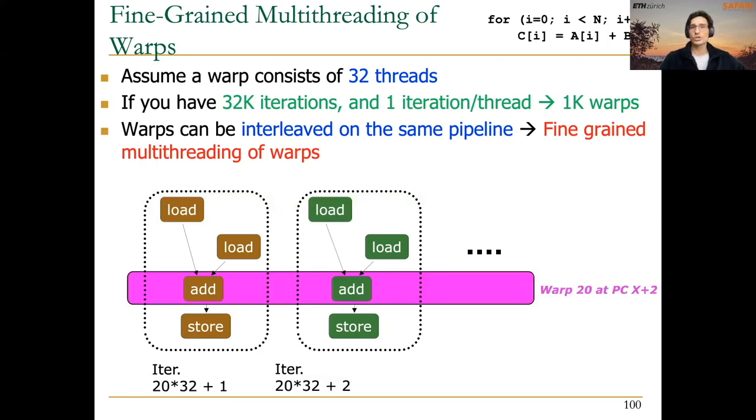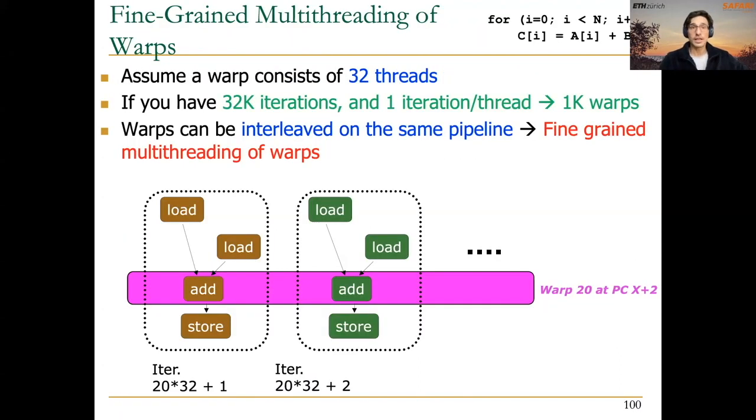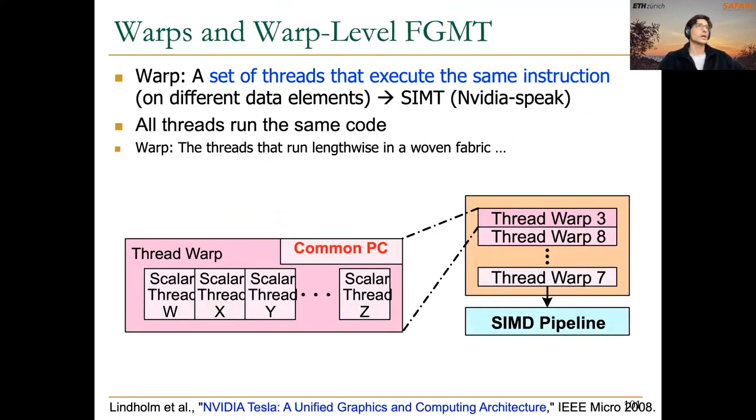And then this instruction maybe for warp 20, which of course already executed the 2 previous loads that are necessary for the correct result of the program, and so on. And what's the advantage of doing this fine-grained multi-threading? The same advantages that fine-grained multi-threading originally has, which we quickly reviewed in previous slides: it can be used to hide the latencies of longer operations.